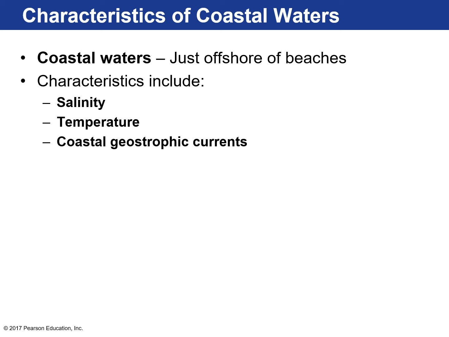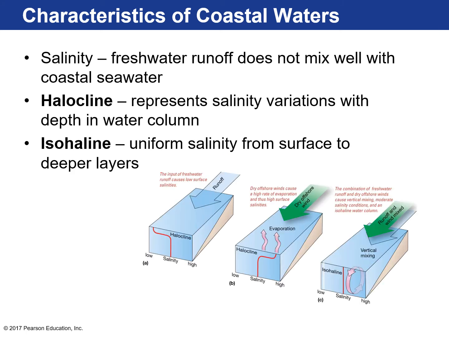That's just offshore of the beaches: relatively shallow water, right off the islands and continental shelf, broad and shallow. In these areas there could be drastic changes in some of the variables of the water itself, which is not reflected in the open ocean. There are changes like salinity, temperature, and there are also geostrophic currents in coastal areas. We'll talk about an example of that.